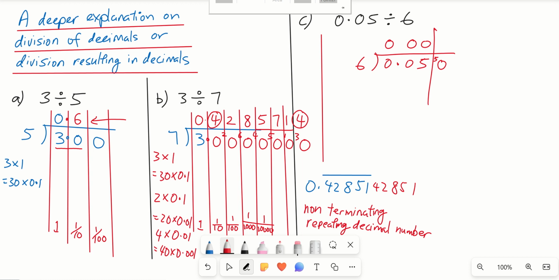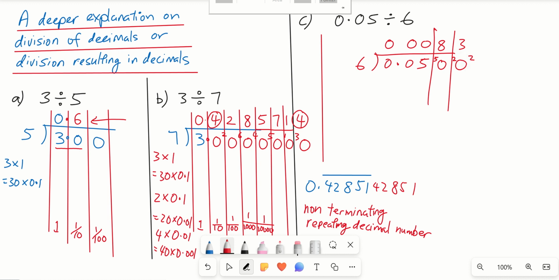And so with 6, we have 8 6s going into 50. 8 6s is 48, so we have a remainder of 2. And the 2 combines with the 0 in the next column to form 20. And we have 3 6s going into 20. 3 6s is 18, and that gives us a remainder of 2.